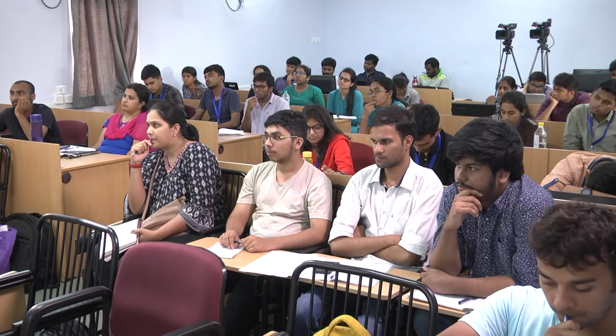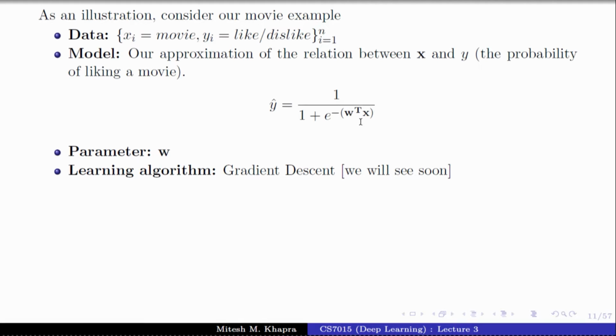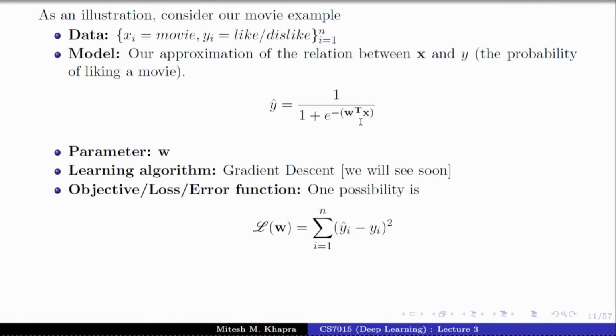Right? So even in that case, what's the best solution? The best solution is the model should predict a 0 when the output was 0 and it should predict a 1 when the output was 1. Only then you'll have a 0 error. Does that make sense? Everyone fine with that? Okay. Right? So our learning algorithm is going to be gradient descent and the objective function is going to be the squared error loss. Is that fine?